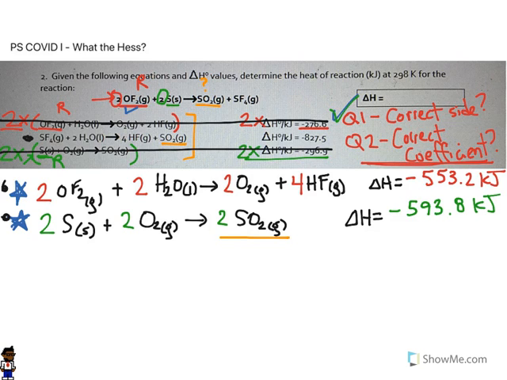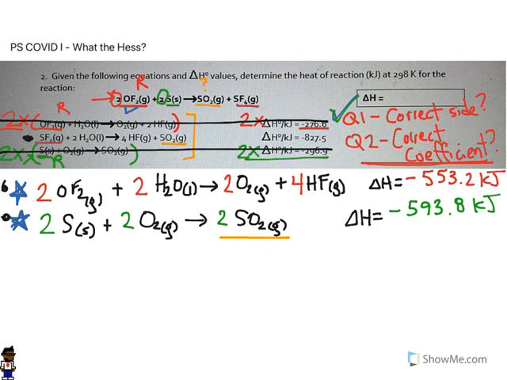So now let's move on to the next substance. In this case, our next substance is SF4. So look at your reactions and find SF4. SF4 shows up right here, and SF4 doesn't show up anywhere else.